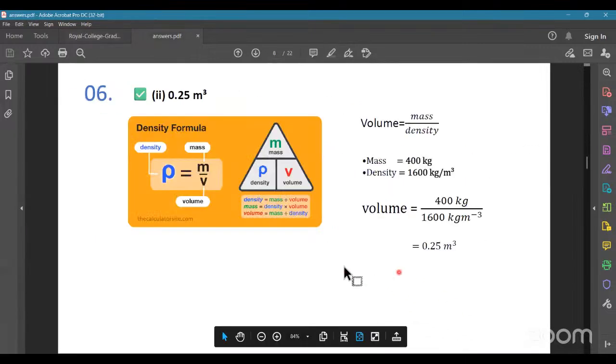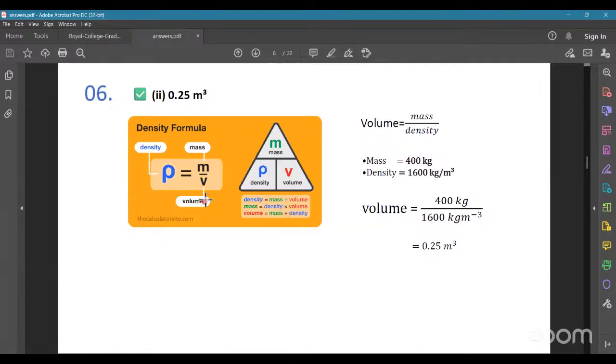So you have to know the formula for density. Density equals mass divided by volume. You have to remember this. Okay. So rho, that means density. Rho equals m divided by v. So here they are asking the volume of that substance.